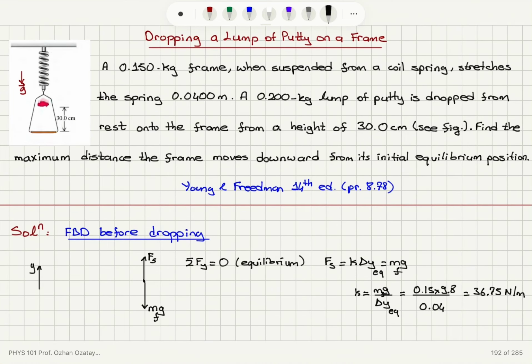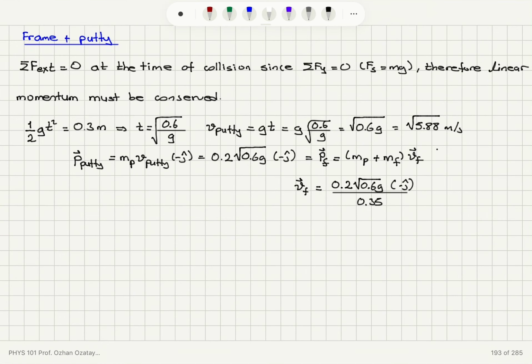Okay, so this is just after the collision. This is the linear momentum of the putty just before the collision, which is equal to the linear momentum of the system just after the collision.